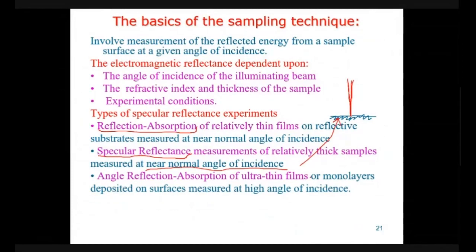The third one is angle of reflection absorption of ultra thin films. These are extremely thin films or monolayers deposited on surfaces. When we talk about a monolayer, we generally talk about a single layer of molecules deposited on a surface. It is measured at a high angle of incidence. That means if this is the normal, the angle of incidence will be very high.